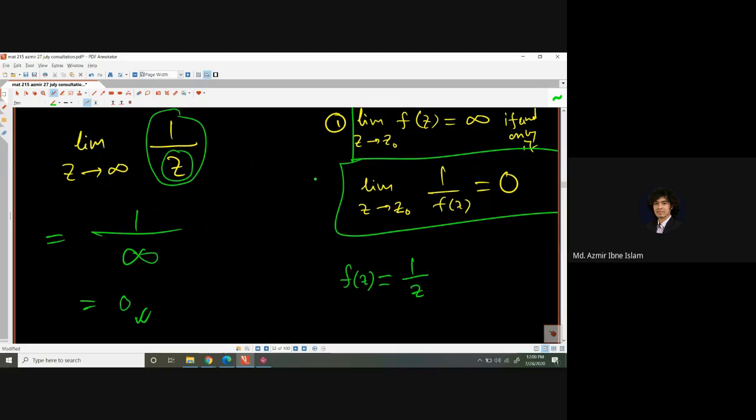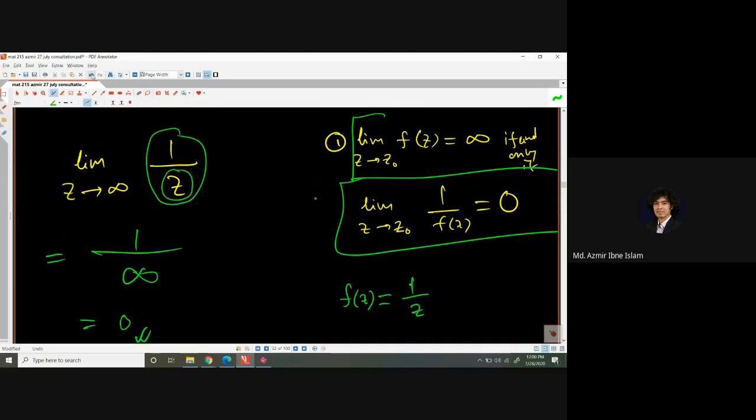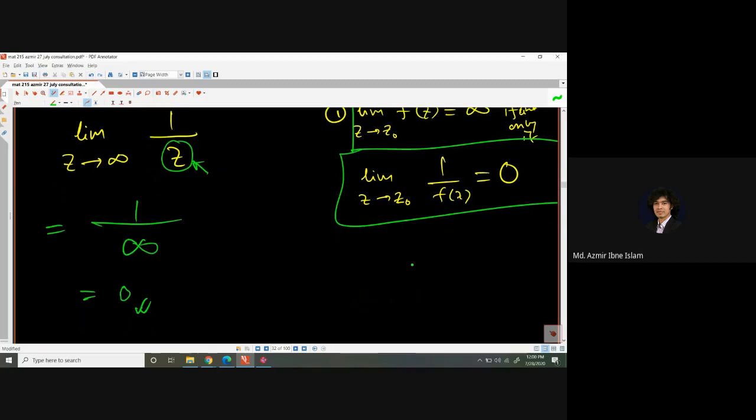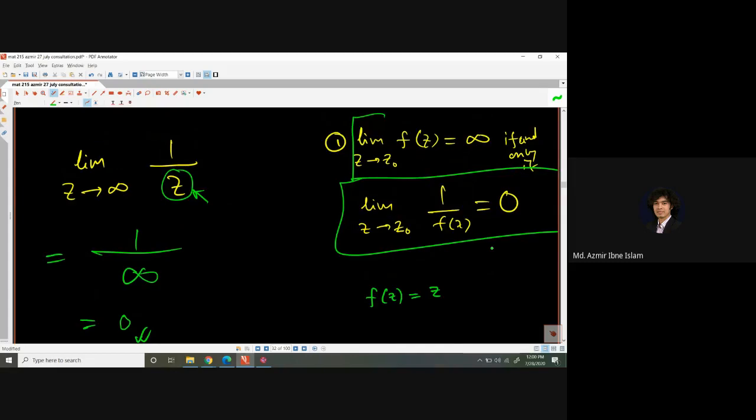First of all, let me figure out by this way. Let's say this one is our f of z for now. So if we think that this denominator part is f of z, and if we input this z naught there, that is limit z tends to infinity.